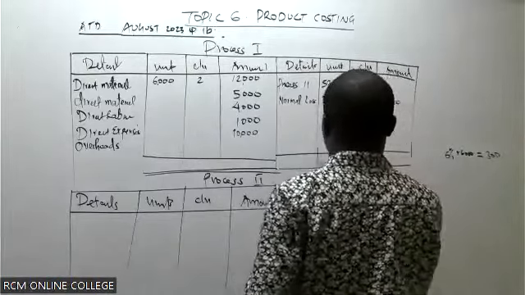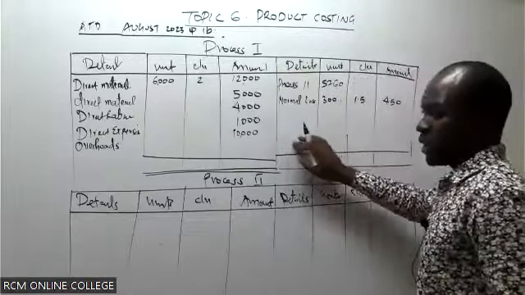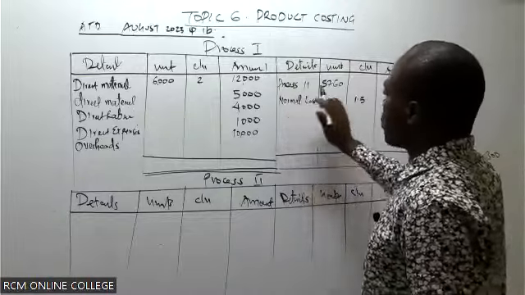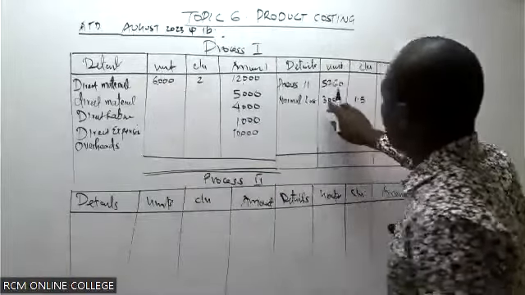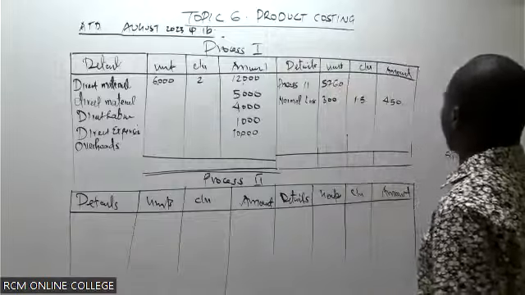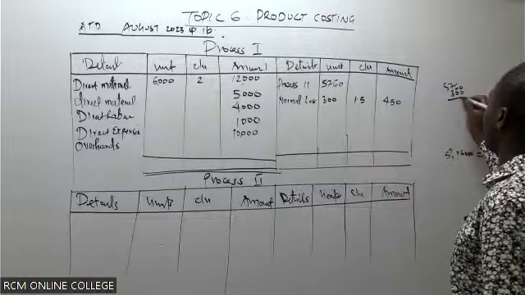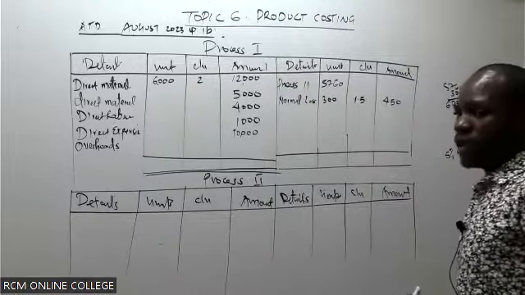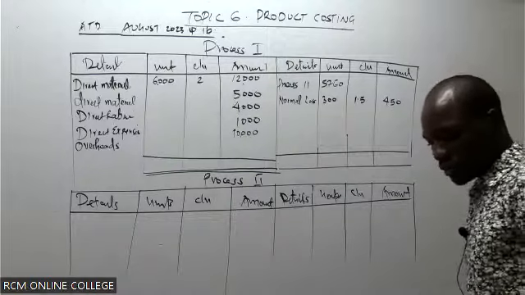As we advance, we are going to look at the closing work in progress, but as of now, we don't have that. So I brought in 6,000 units, I'm expected to lose 300, and I've transferred 5760. So 5760 plus 300 should give me a total of 6,000.